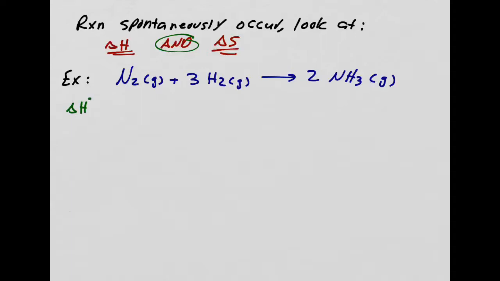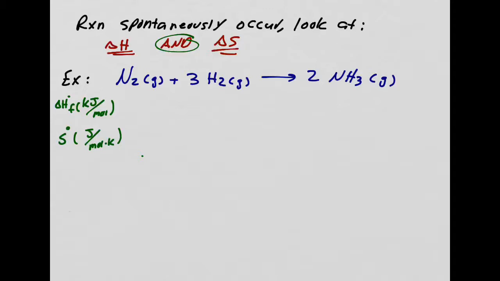Now, I want to give you the delta H of formation in kilojoules per mole, and then I'm going to give you the entropy value in joules over mole Kelvin. Okay, so I'm going to give you these numbers.